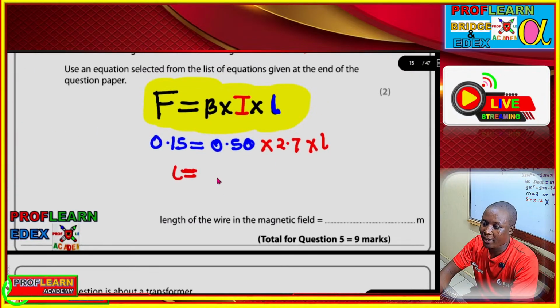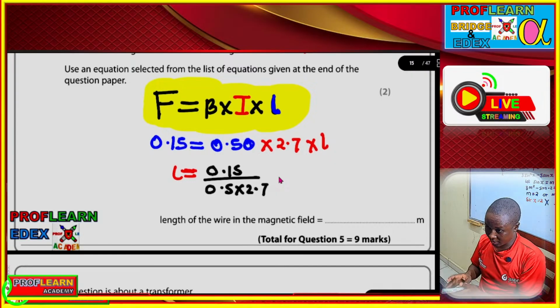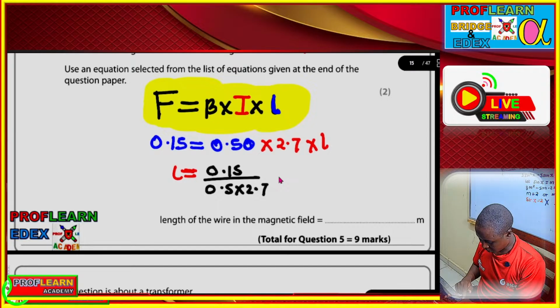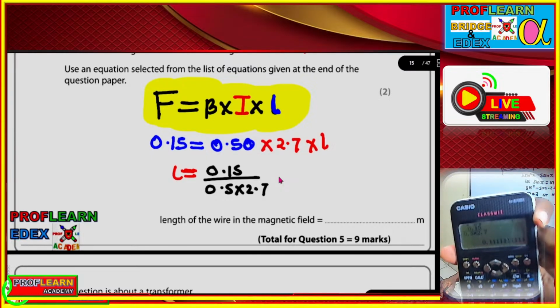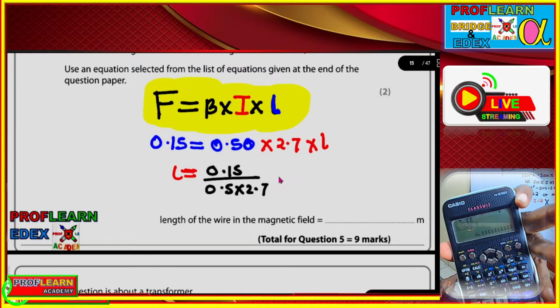Then we can make L the subject of the formula, which means we shall put in our calculator 0.15 over 0.5 times 2.7, and if you work it out, you are going to get your answer. That is 0.11.